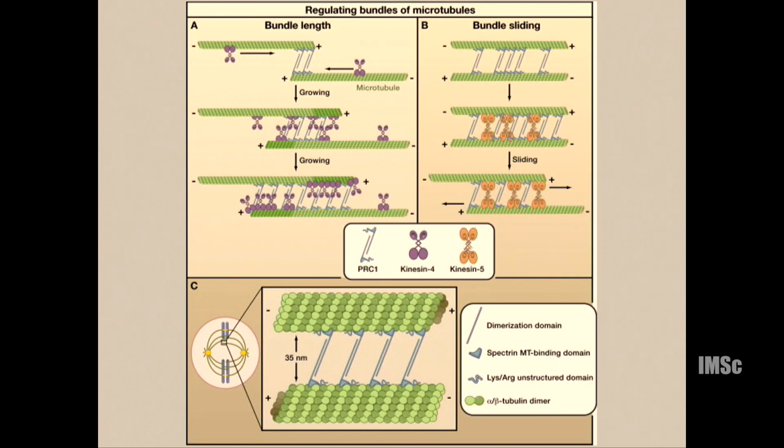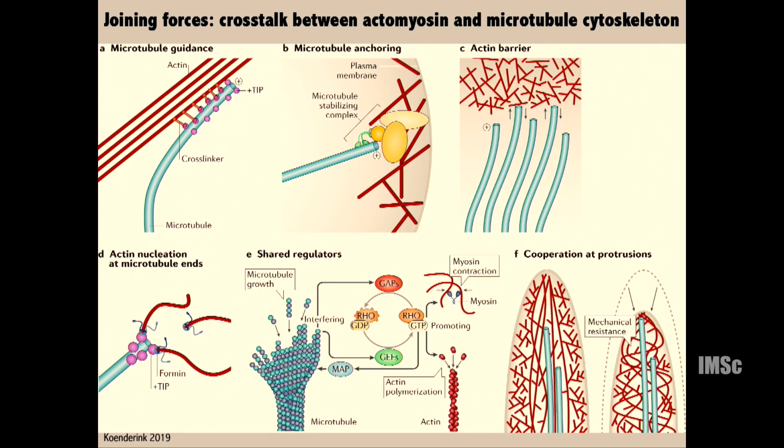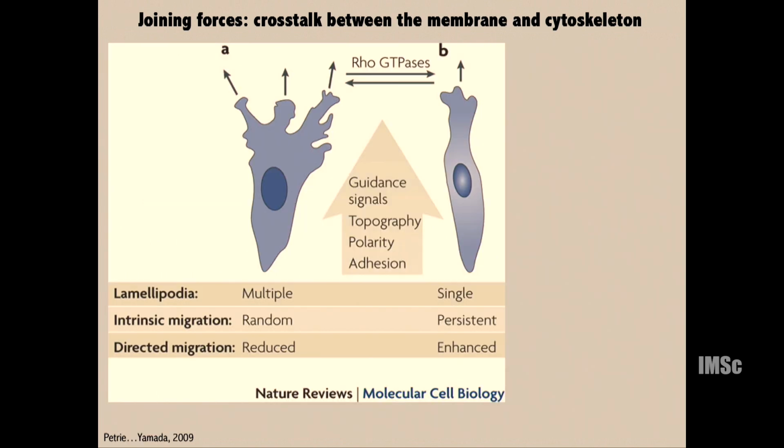So broadly, again, like actin, the way the polymers are oriented and the way they interact with motors can allow you to change the length of a microtubule bundle, or to bundle, and the two systems, actin and microtubules, can work with each other to sort of join hands and generate more complex patterns of force.